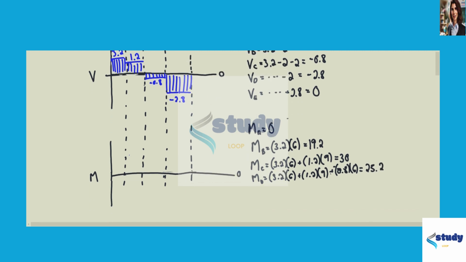And lastly, we're going to solve for the bending moment at E, which is the same thing as above, but going to add in the negative 2.8 times 9, and this will bring it back down to 0. So I want to go ahead and graph it up to 19.2, and then up to 30, down a little bit to the 25.2, and then to 0. And that is the bending and shear diagrams.